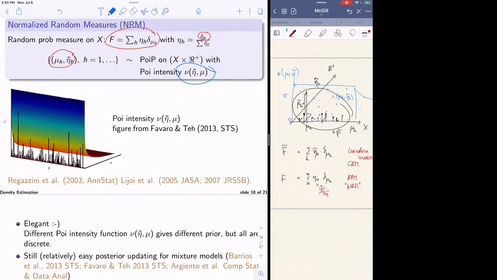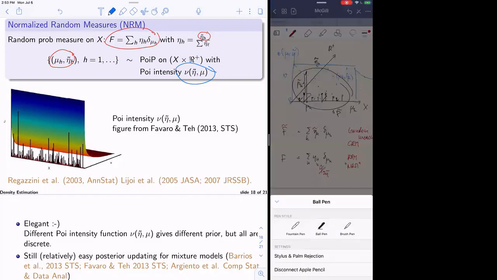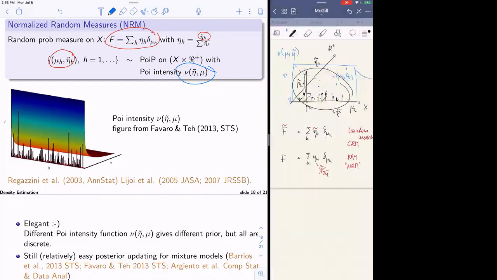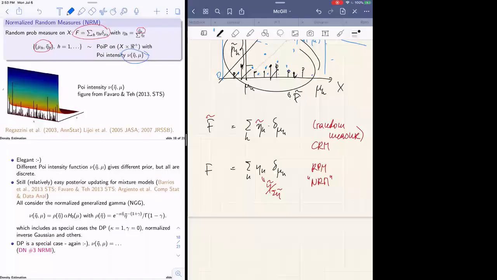And even better, it turns out, if you construct a random probability measure F with this construction and use it in statistical inference, like if we have a density estimation problem, where y_i given f comes from the unknown f, i equals 1 to n, and then we have the prior on the f.